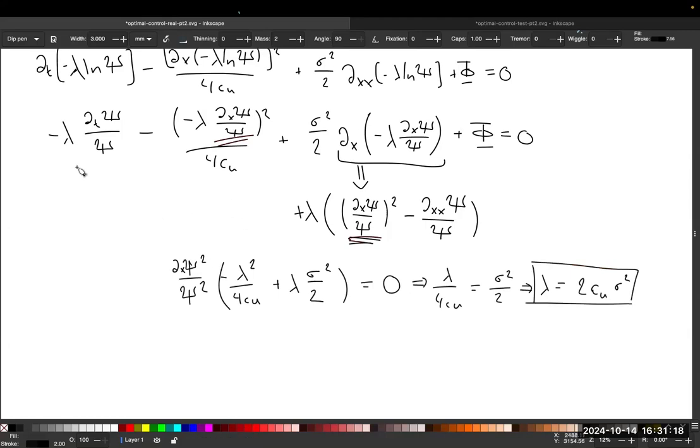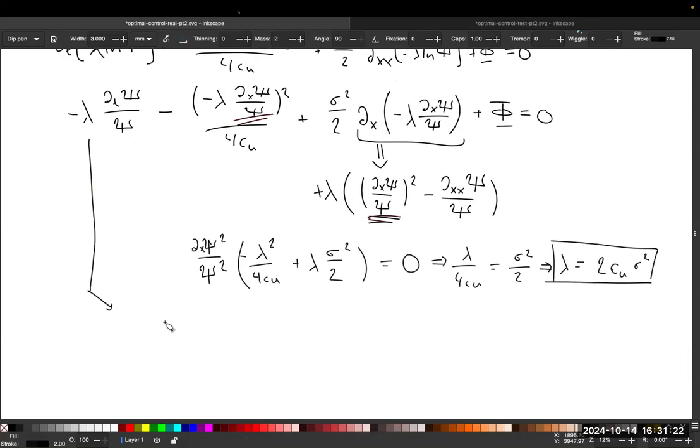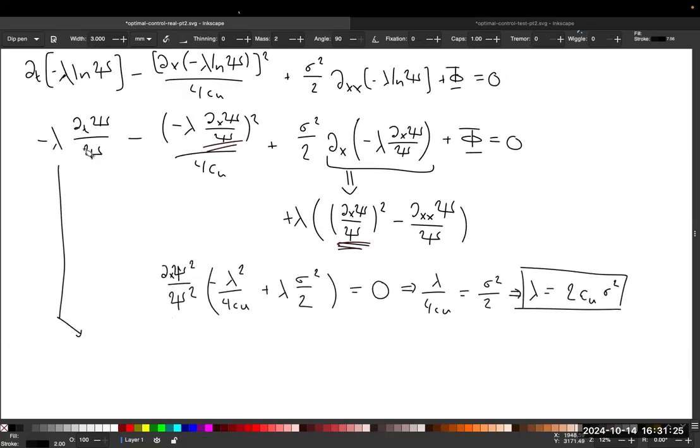then we can write our equation for psi as, and I'm going to multiply everything by psi and also by lambda inverse. So what I get is negative partial t psi, minus, and so we've canceled these terms here, these two terms.